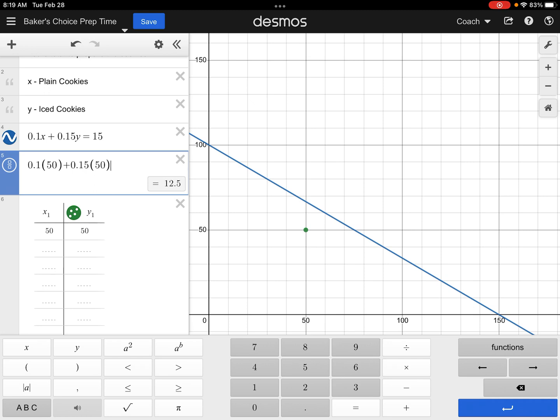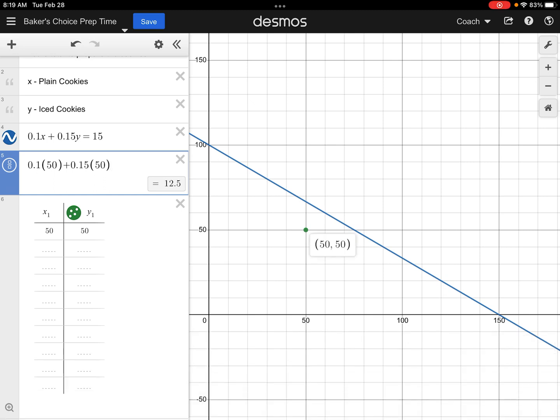And you can see that that's equal to 12.5 hours. So that means to cook 50 boxes of plain cookies and 50 boxes of iced cookies, it's going to take me 12 and a half hours to cook that amount of cookies at the bakery. Which makes sense. That's why this point, 50-50, is right below my line.